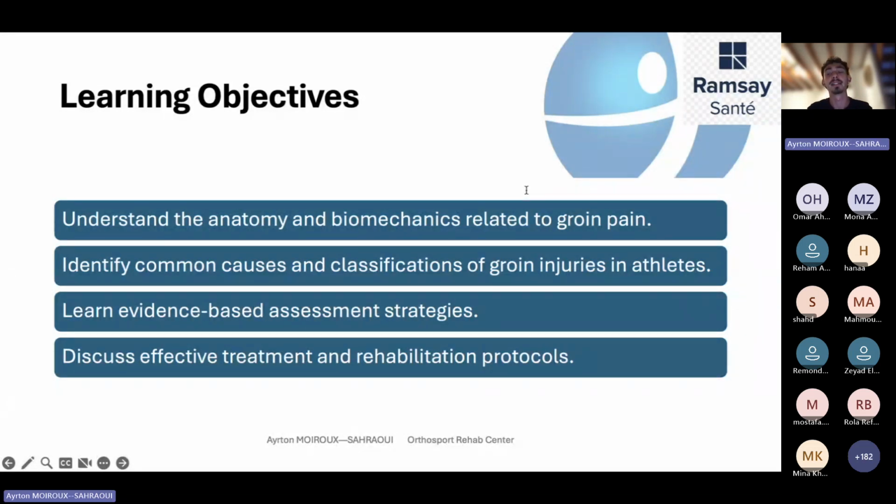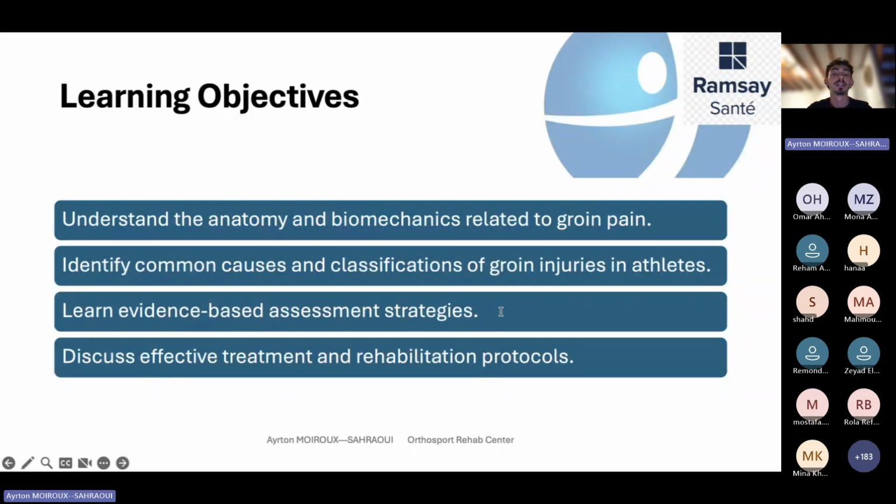Apply evidence-based assessment strategies. Utilize a combination of subjective history, objective examination, and special tests to accurately diagnose groin pain. You will be able to implement effective treatment protocols, understand the phases of rehabilitation, ranging from pain management to advanced sport-specific training, and the role of manual therapy, strengthening, flexibility, and neuromuscular control exercises.